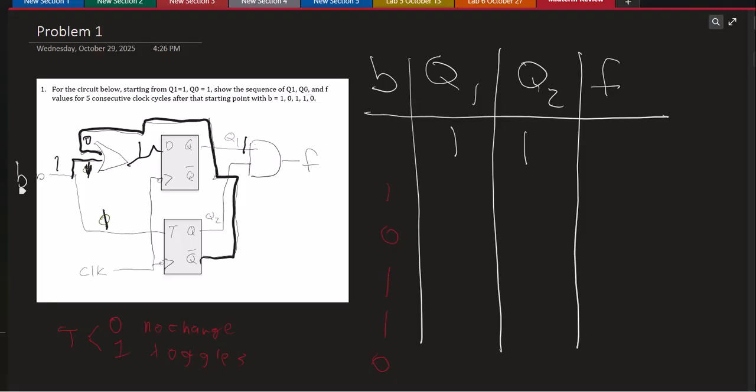Q2 was 1, it's now 0, the AND of 1 and 0 is 0, so that is the same. So we still have 1, 0, and 0.